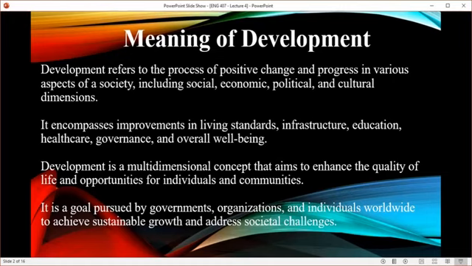Therefore, for us to achieve meaningful development, governments, organizations, and individuals have to pursue activities that will bring about the achievement of sustainable growth and address social challenges. So, for development to have taken place, there must be sustainable growth and the societal challenges must have been greatly addressed.